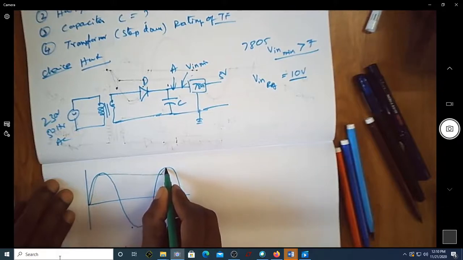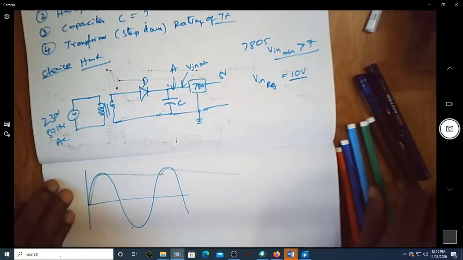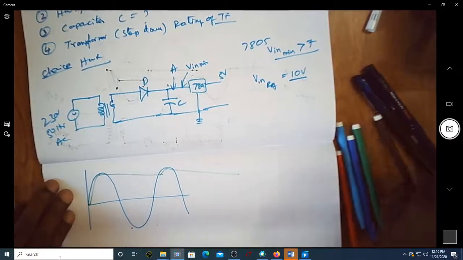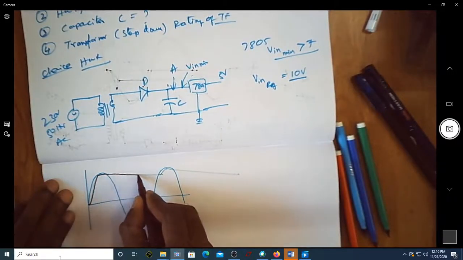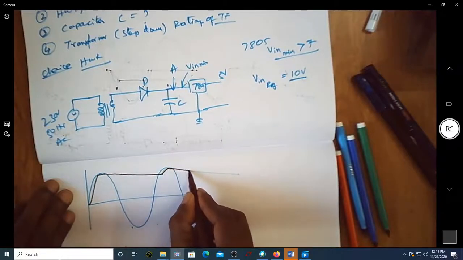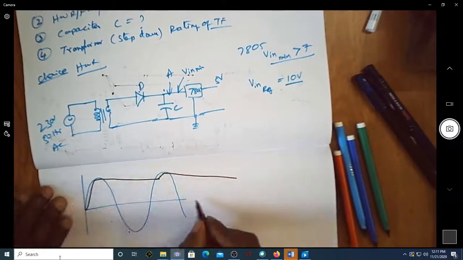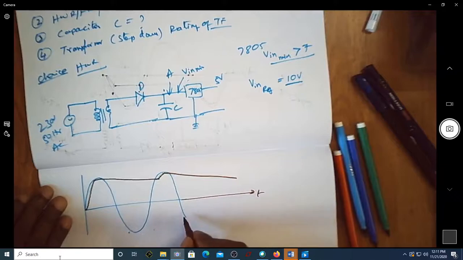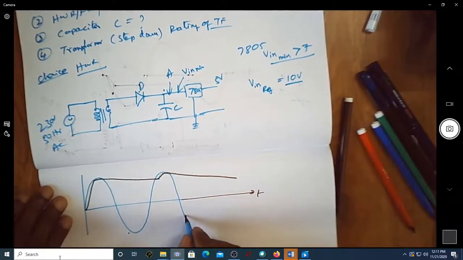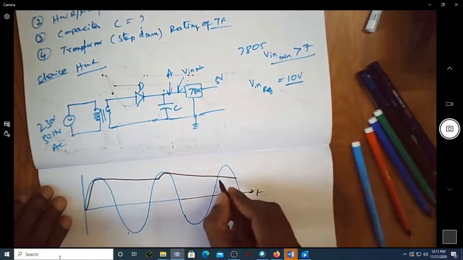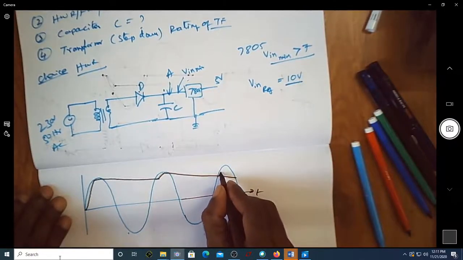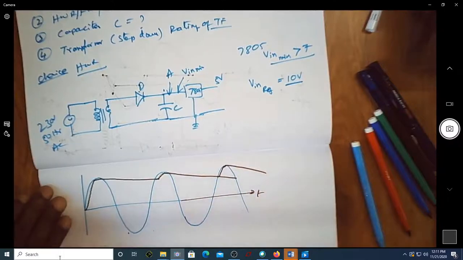It again picks up and then comes down. So this is the type of waveform that I may get at node A. You can see it keeps reducing, it goes up, and this is with respect to time. Of course, if you have one more cycle coming up, then it again goes up like this and then comes down.